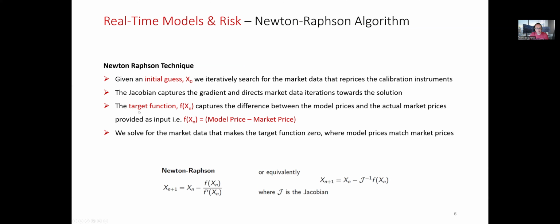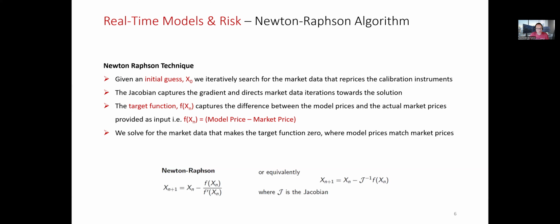We have a target function, f of x, and this captures the difference between the model prices with the market data, xn, and the actual market prices. So the target function is measuring the difference between the prices that we're getting from our model for each iteration and the actual market prices.